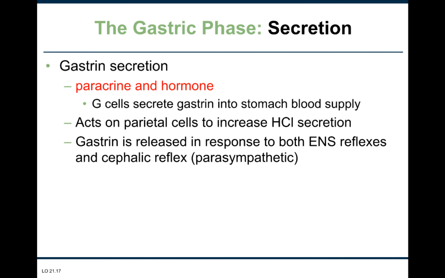So that's how it's acting as both a paracrine and a hormone. And like I have already established, it's released in response to what I mentioned was a parasympathetic or cephalic reflex, but as well as enteric nervous system reflexes.